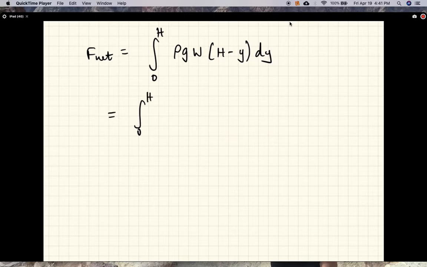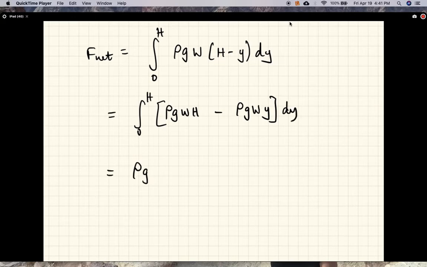Okay, all right, so let's do this integral. So this is rho g w H, that's a constant factor, minus rho g w y dy. Okay, and this would be rho g w H times y minus rho g w y squared by 2, evaluated between 0 and H. So this factor will give you H minus 0.